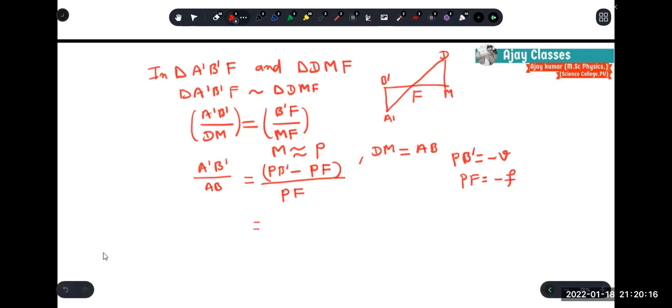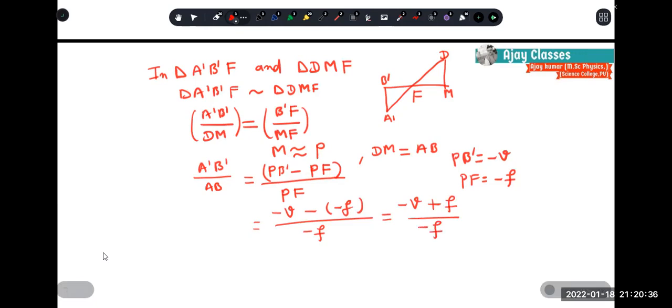So directly we put minus v minus of minus f, divided by minus f. So we can write minus v plus f divided by minus f, and by arranging the sign, we get v minus f by f. This is taken as equation 1.